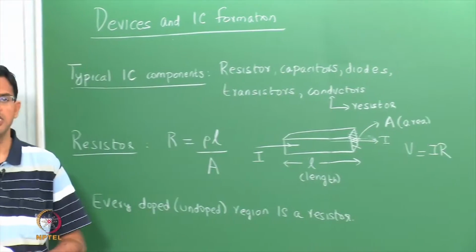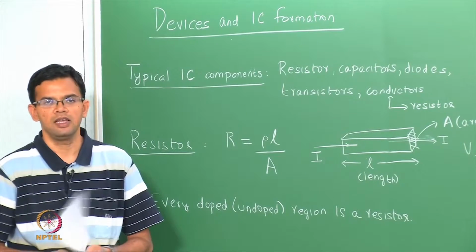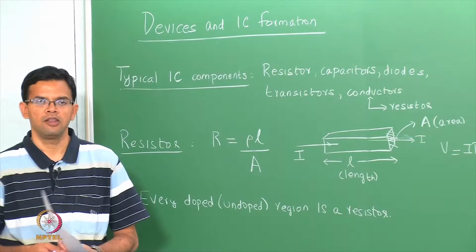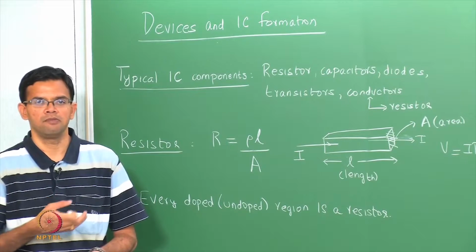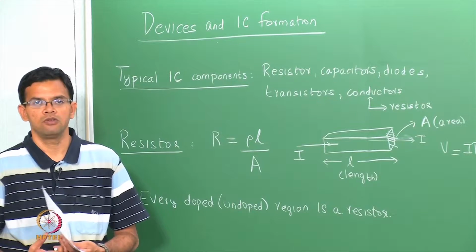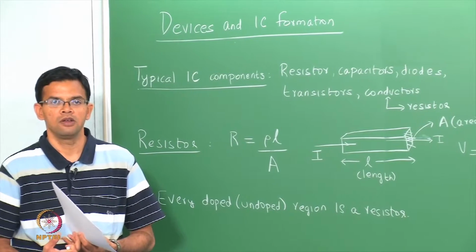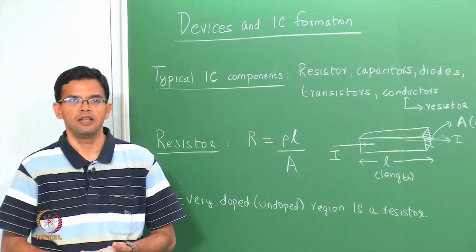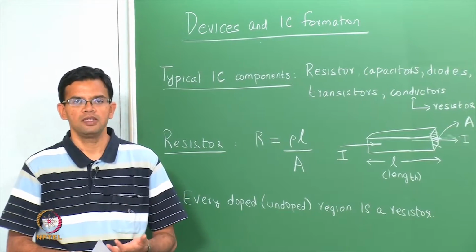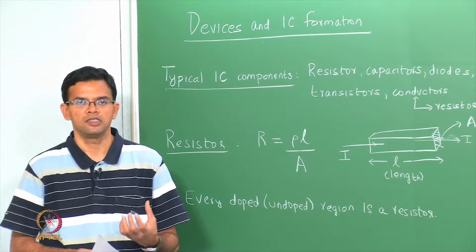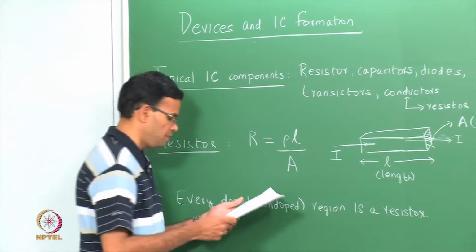So, if you have a piece of silicon that is typically undoped, that essentially forms a resistor. On the other hand, if you dope it with some either electrons or holes, your resistance goes down or your resistivity goes down, but it is still essentially a resistor with a different value. Doping is essentially used to control the resistivity or the resistance of that piece of material.